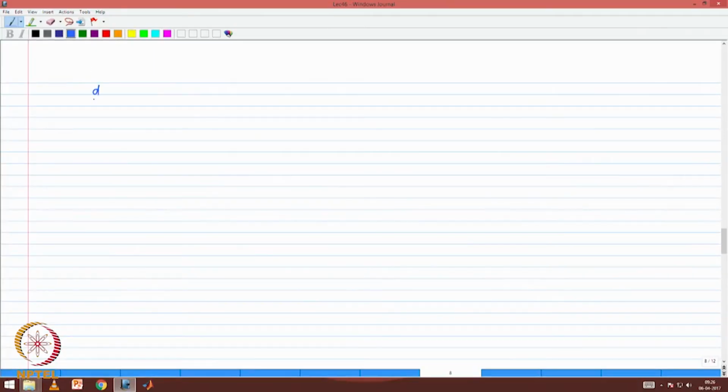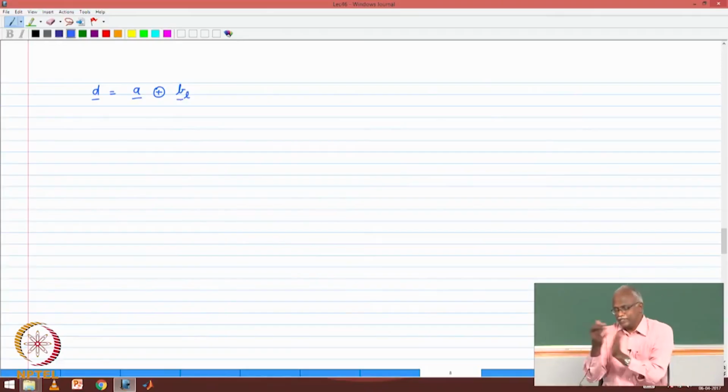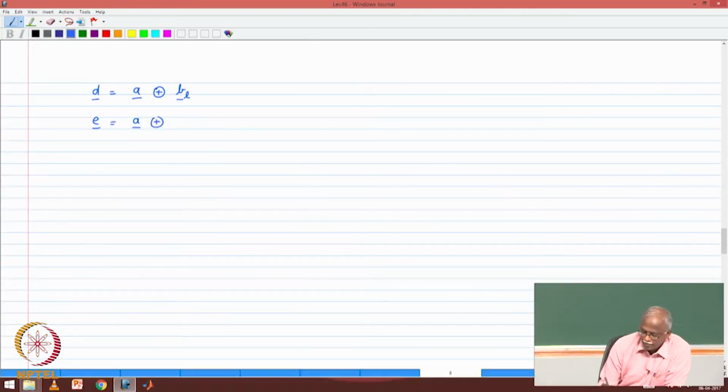Let me call the first sequence D. It is A, the first M sequence, exclusive OR with a cyclically shifted version. Let me call that BL, B sequence cyclically shifted. The sequence E is A exclusive OR with BM. Okay, so these are the two sequences.